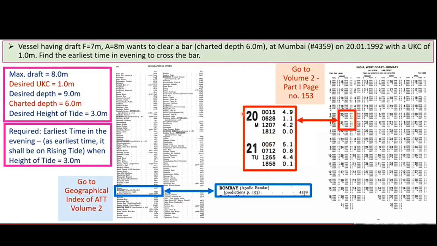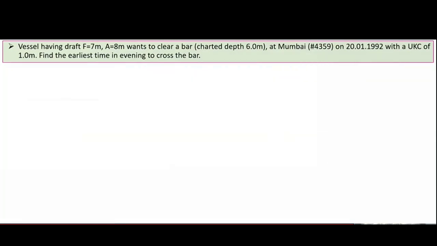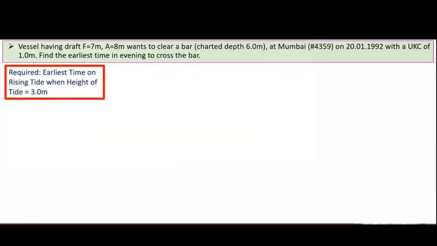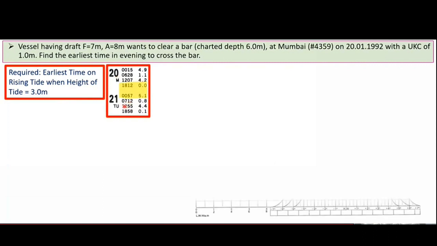Therefore, we have picked up the predictions for 20th and 21st. So our question is simplified to finding the earliest time on rising tide when the height of tide shall be 3 meters. We have just discussed that we shall have to work it between 1812 on 20th and 0057 on 21st.